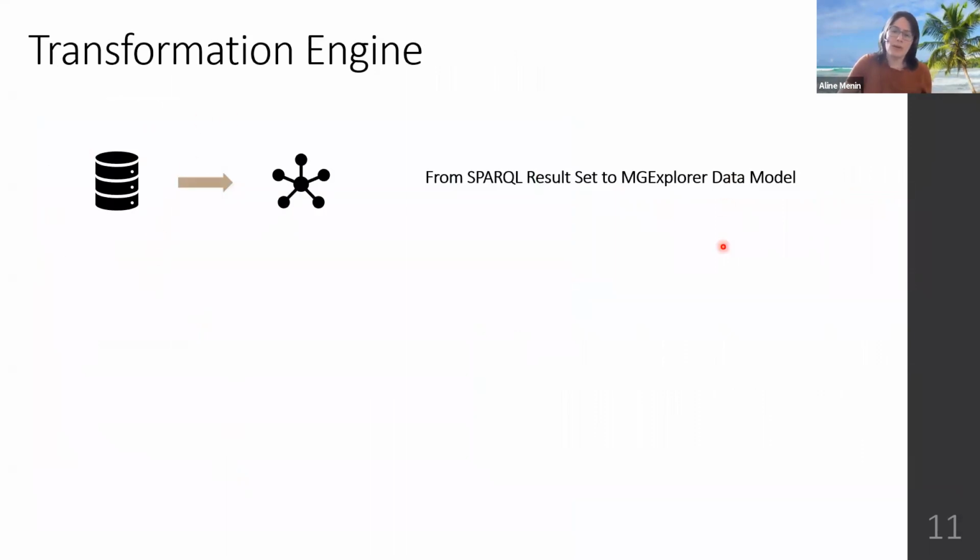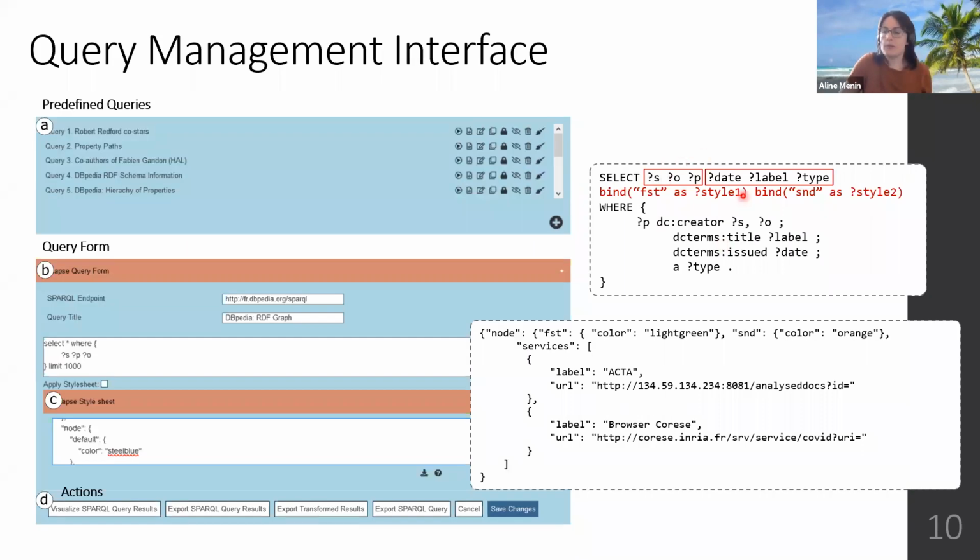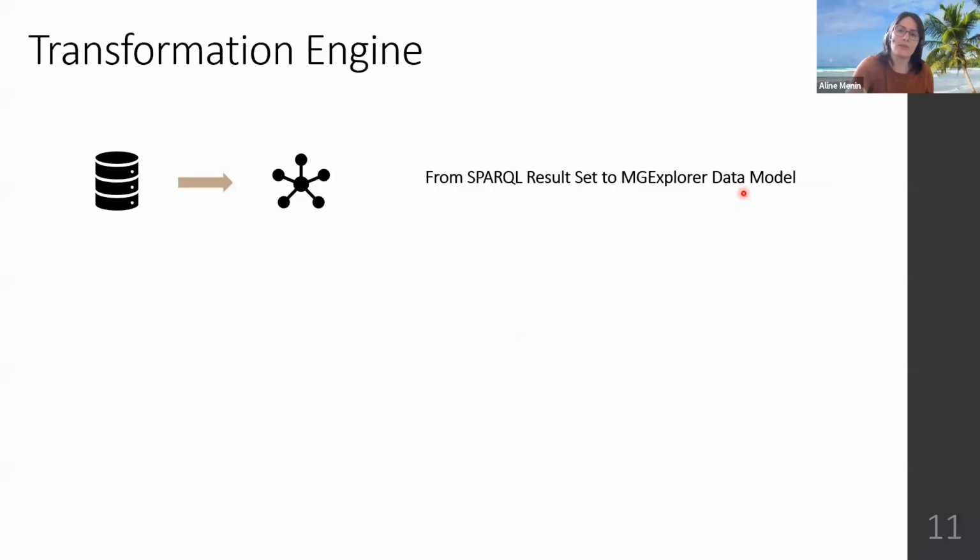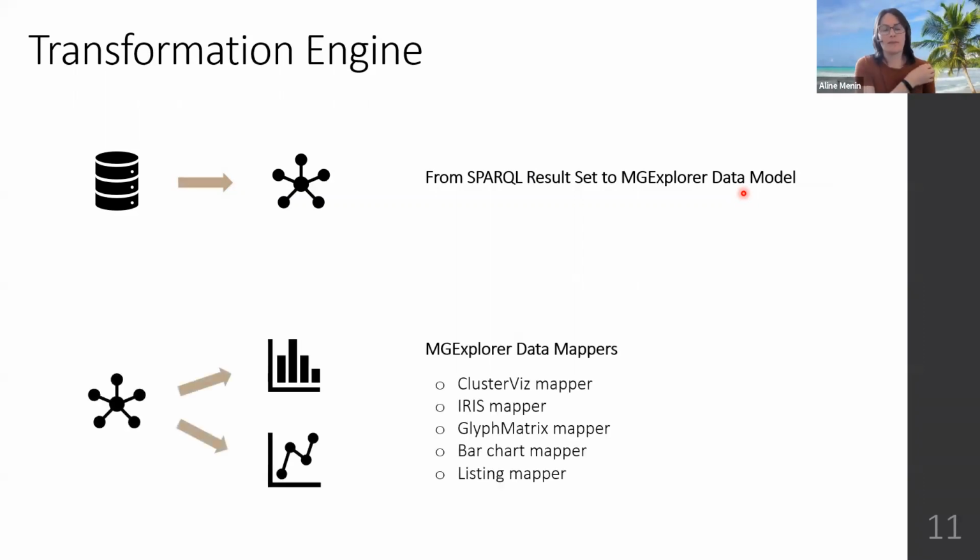So one of the things we do, we search for these mandatory and optional variables, but we also create some measures that describe the nodes and the links, like the amount of publications per type, or the amount of publications, or links, between two nodes, etc. And then we have a second part that occurs while we are interacting with the visualization. We have a set of mappers that allow us to subset the input data of the visualization. And then it transforms this new subset of data so that we can visualize with different visualization techniques.